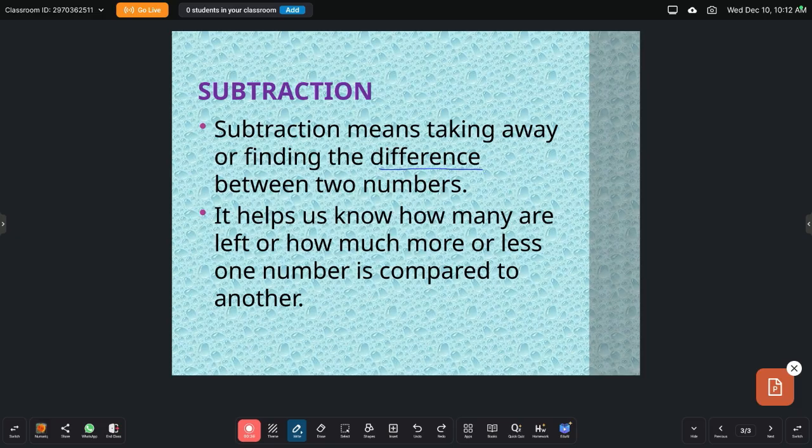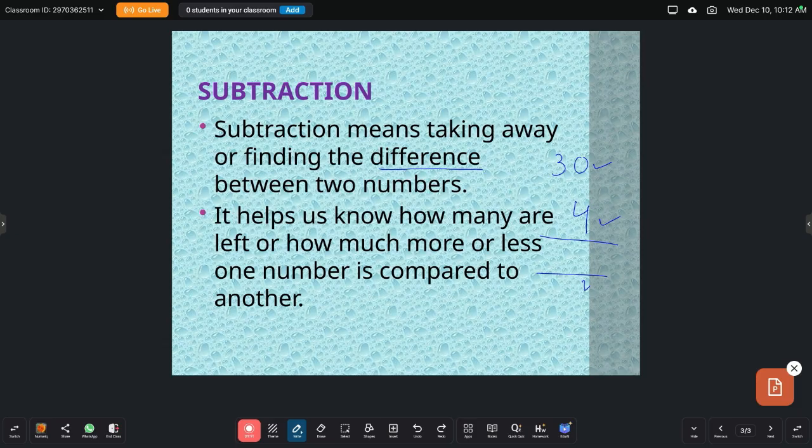For example, if there are 30 students in a class and 4 students are absent, we have to tell how many students are present. The total number of students is 30, and among 30 students, 4 students are absent.